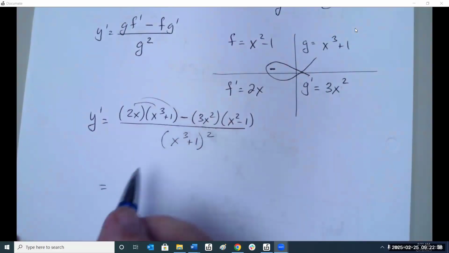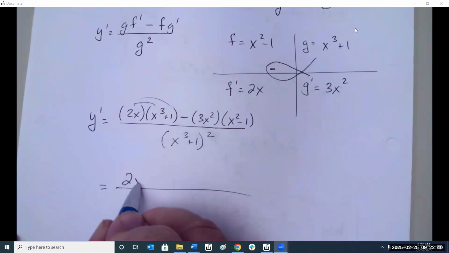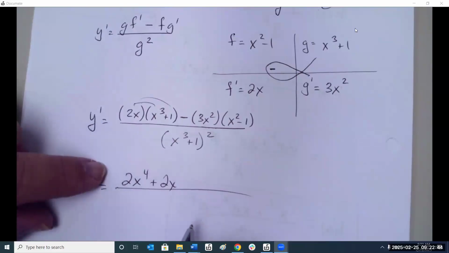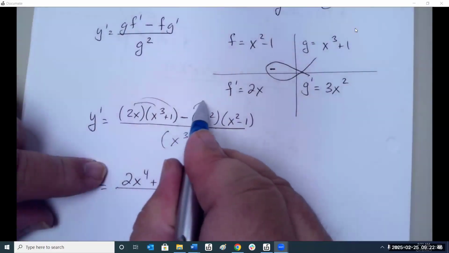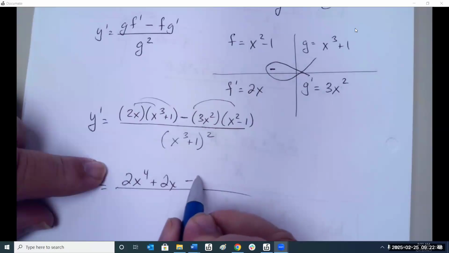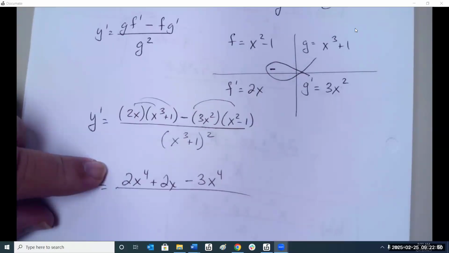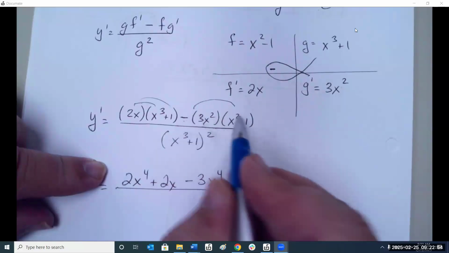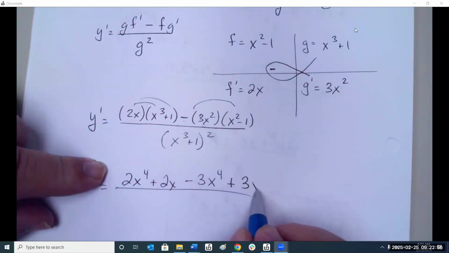We'll combine these, we get 2x to the fourth plus 2x. Negative 3x squared times x squared is negative 3x to the fourth. Negative 3x squared times negative 1, negative makes it a positive 3x squared.